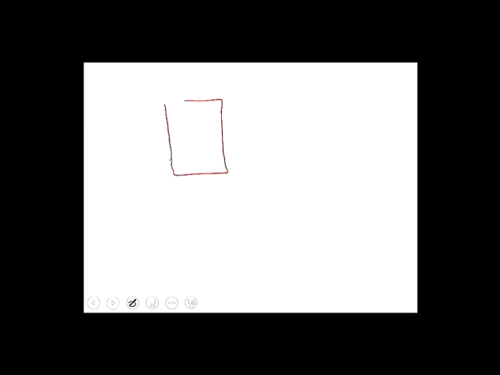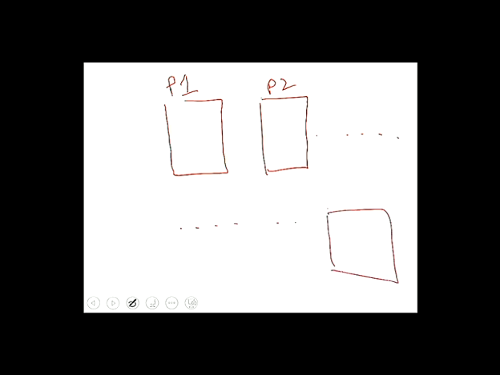Let's talk about the 37 plays of Shakespeare. This is play number 1, this is play number 2, and so on till the last, play number 37. Now we can have a document number like this: 1 is the document number, 2 is the document number, and 37 is the document number.